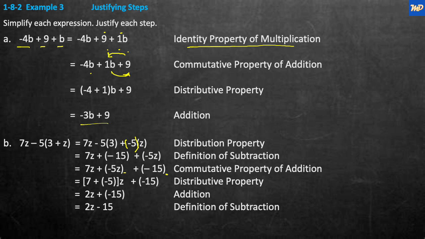So completing it, that's addition. I use the distributive property up here to pull the z out, right? So now when we're finally done, the definition of subtraction, we can subtract 15 and get 2z minus 15.